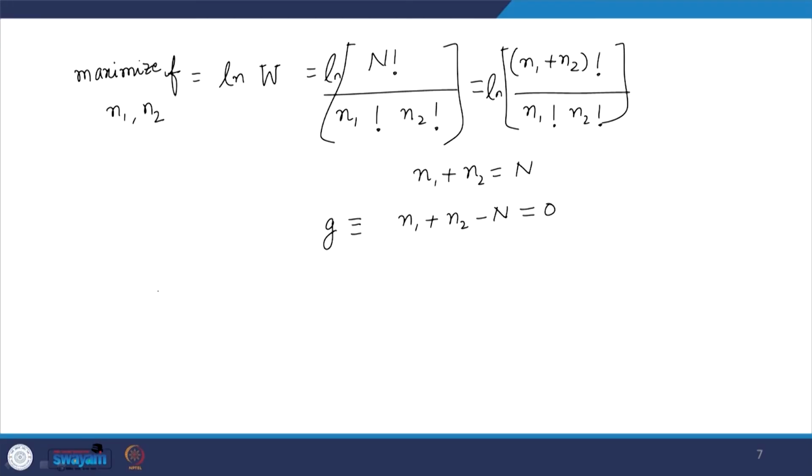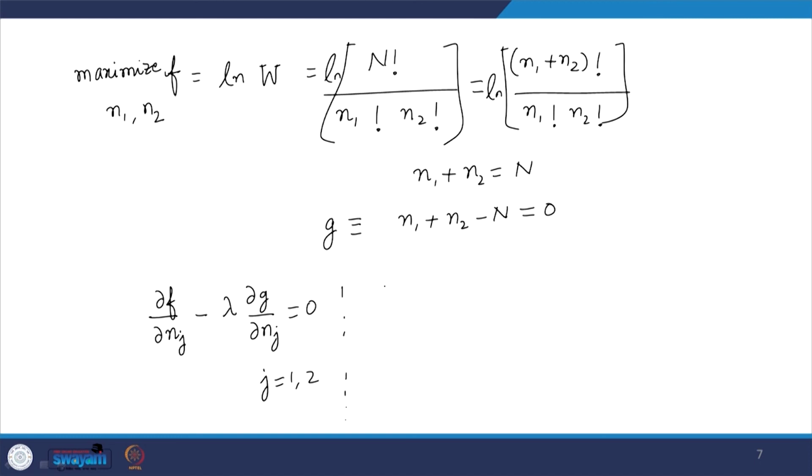That really makes it much more systematic than what we have been doing earlier. So, now the maximization problem reads dou f by dou nj minus lambda dou g by dou nj is equal to 0. In this case, j is equal to 1 and 2.